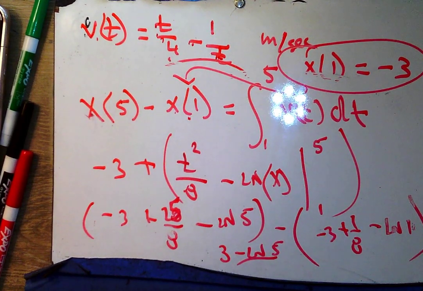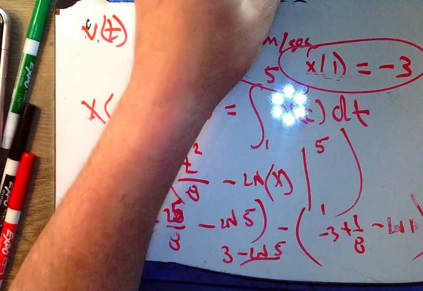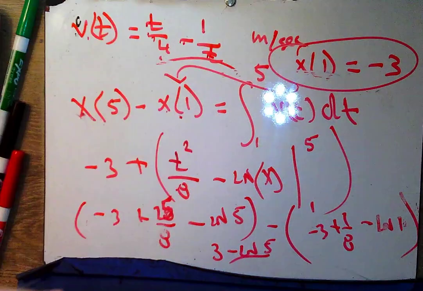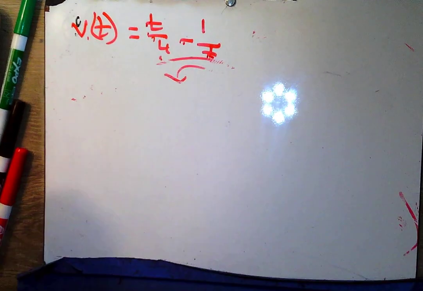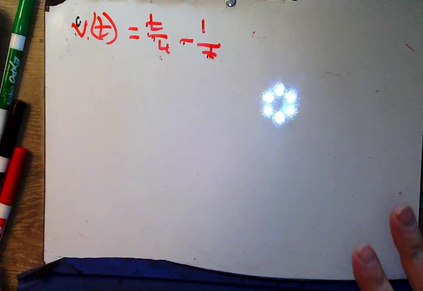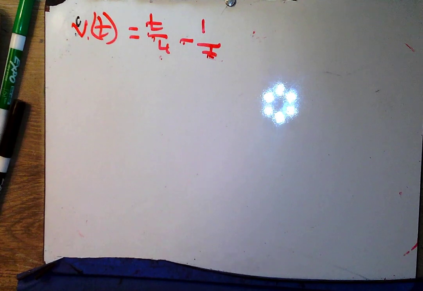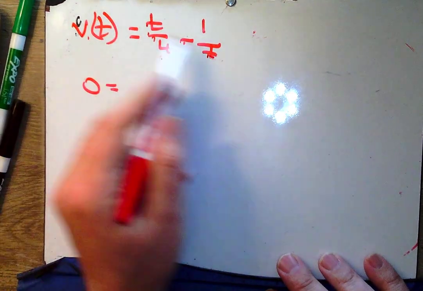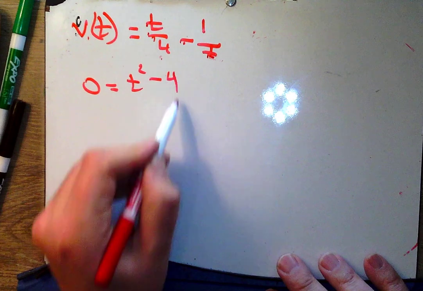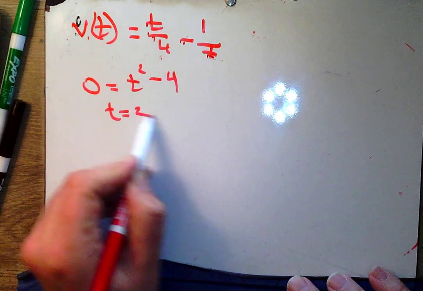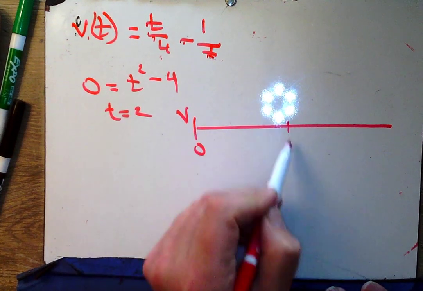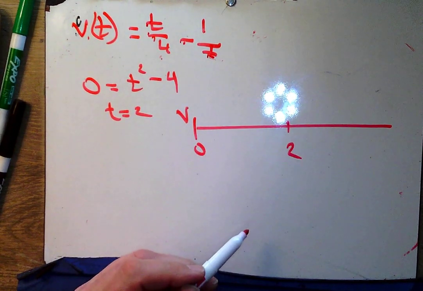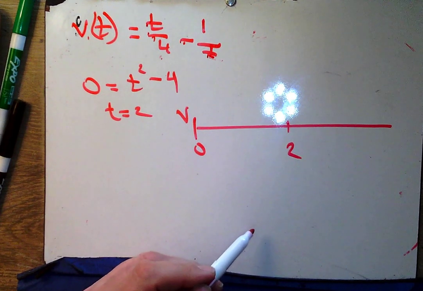So let's set v equal to 0. Didn't we come up with v equal to 0 when I multiply by t and get t squared minus 4? And so we've got t equals 2. Okay, so here's v, here's 0, here's 2, and we're looking for total distance traveled.